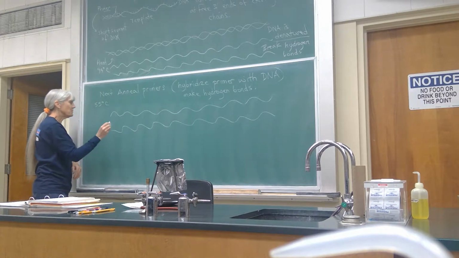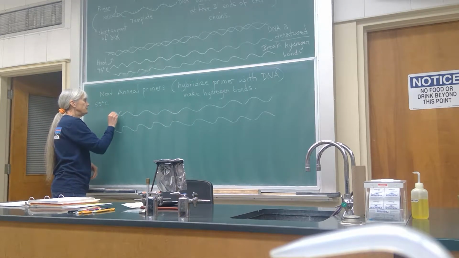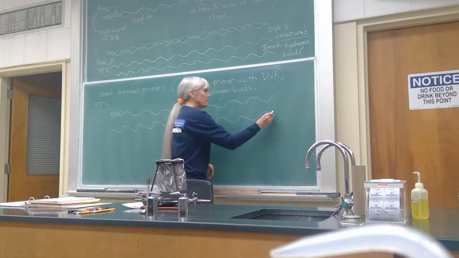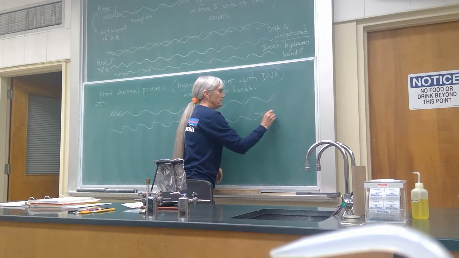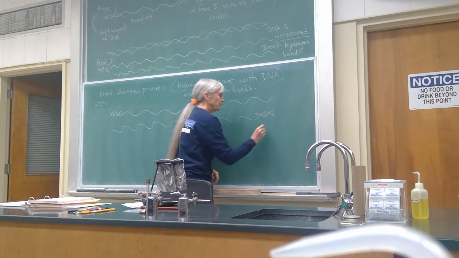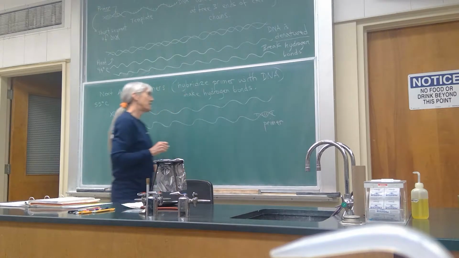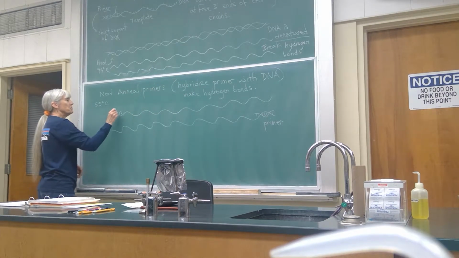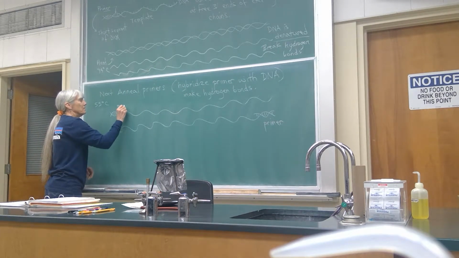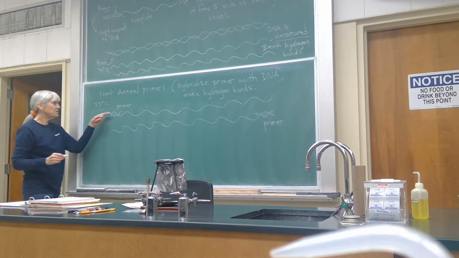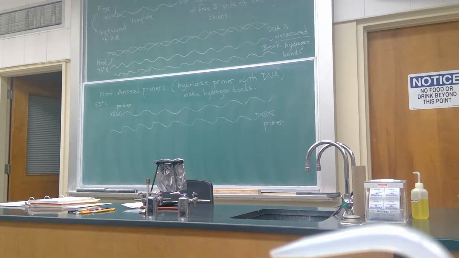And these primers are going to anneal, one here, and one here. So that little short one is a primer, this little short one is a primer. And the bonds that form between the primer and the template are hydrogen bonds.